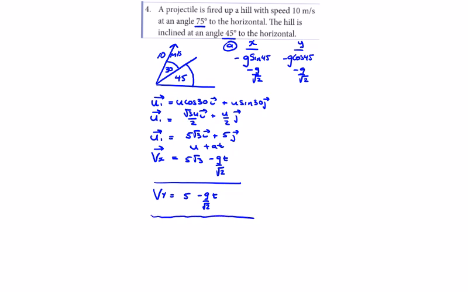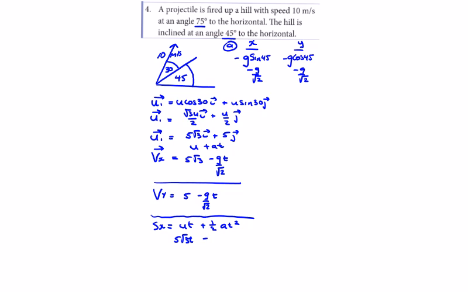Then looking at displacements, S of x is equal to ut plus a half at squared. So we're going to get u, which is 5 root 3, times t. And then we're going to have plus a half times the minus g over root 2.